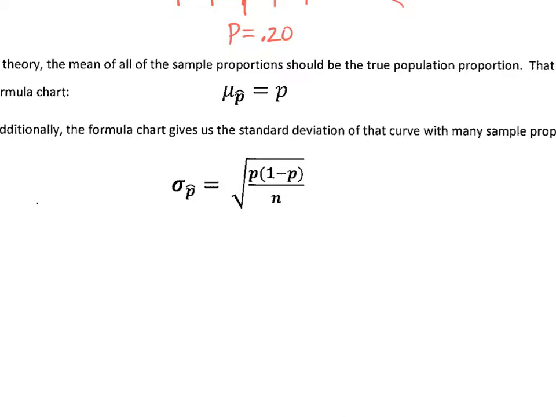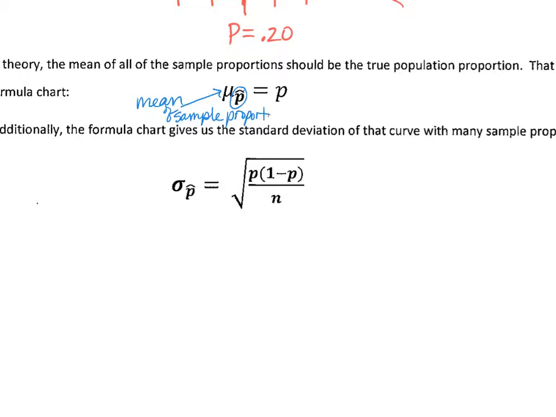So here we go. First of all, see this mu right here? What does a mu represent? Good. So that represents a mean, and it is a mean of p hats. So that means the mean of what? Of the sample proportions.